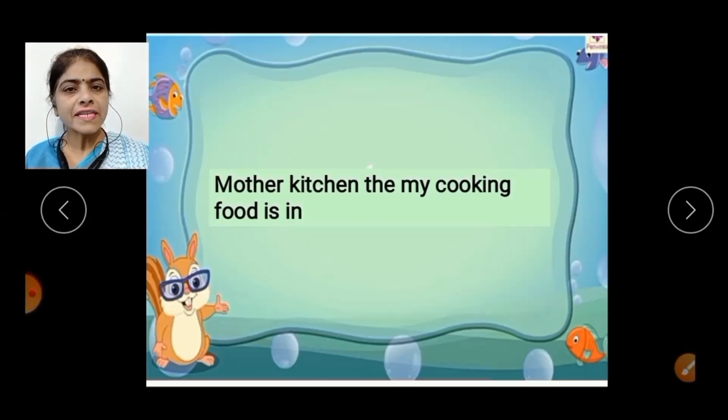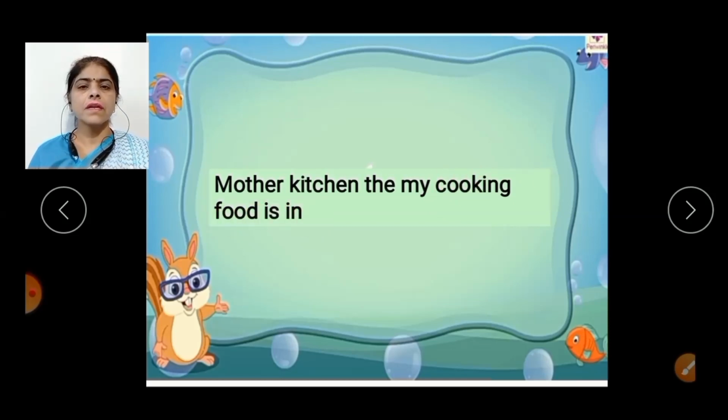Students, let's begin with a group of words: mother, kitchen, the, my, cooking, food, is and in. Now just tell me, do you understand anything by these words? Are these words giving any sense, any meaning, any idea or thought?